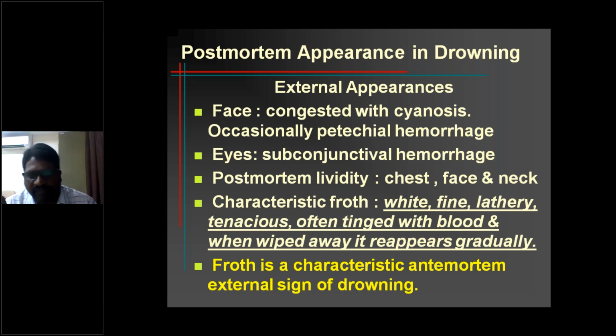It is fine, white, leathery, tenacious, and tinged with blood. When wiped away, it reappears gradually. If you press over the chest, it can reappear quickly, because a large amount of froth appears in drowning, especially salt water drowning. The froth is a characteristic antemortem external sign of drowning, one of the best external signs of drowning.